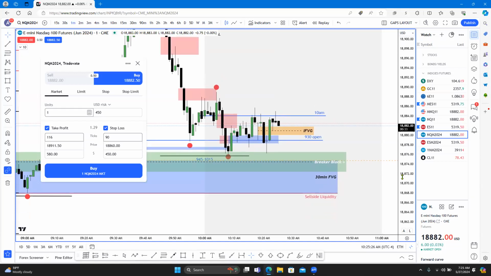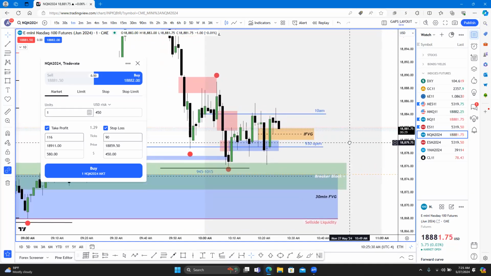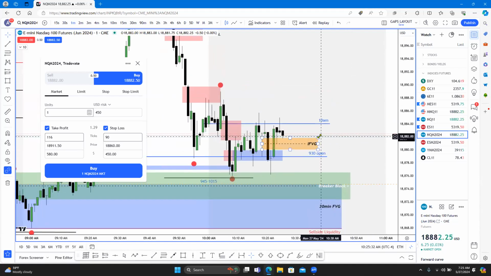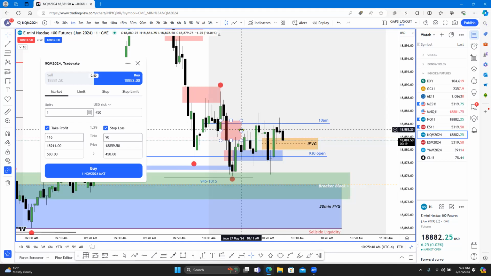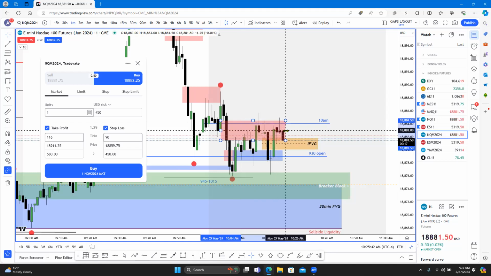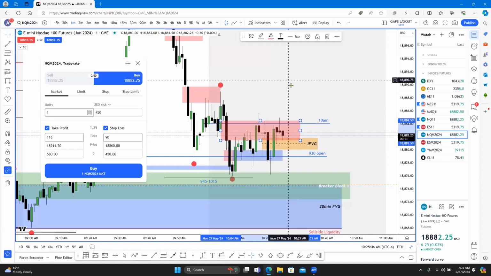Now remember, we're above midnight, so it lowers the probability a little bit. But so far, we're respecting bullish price action here. It's just this in here. So if you want to wait for a stronger confirmation of a close above this and see if we can get past there.